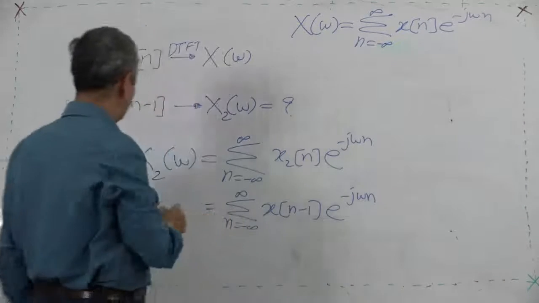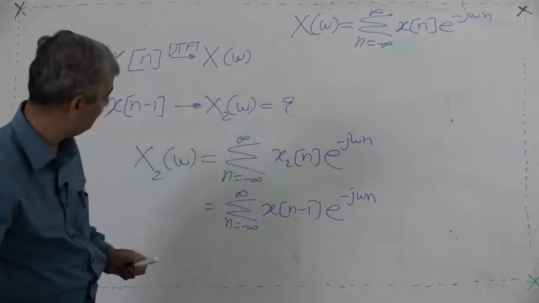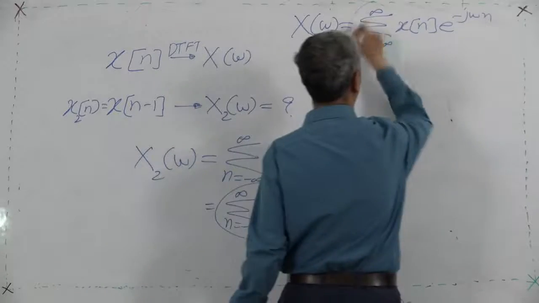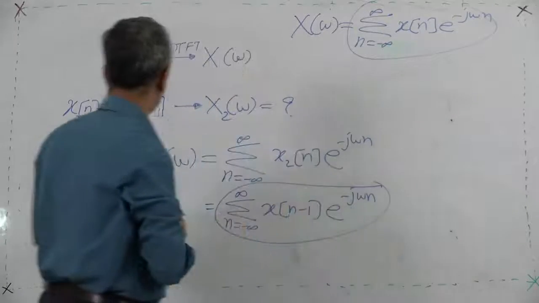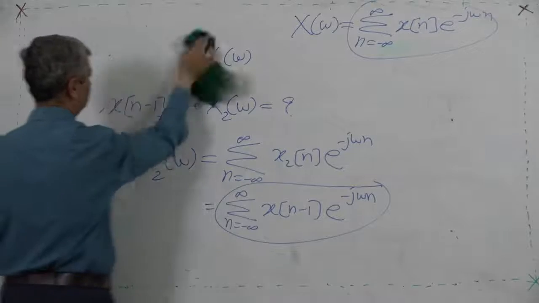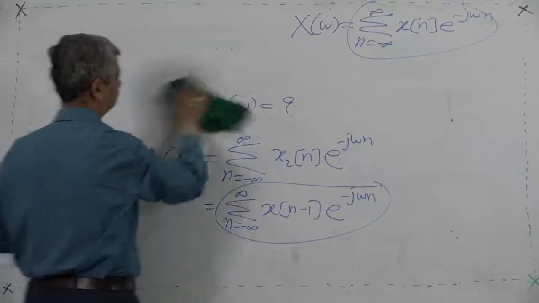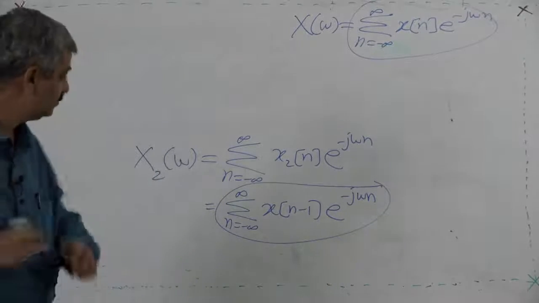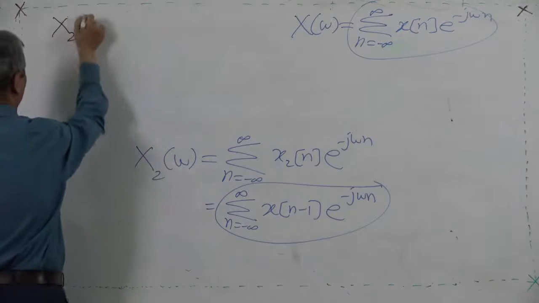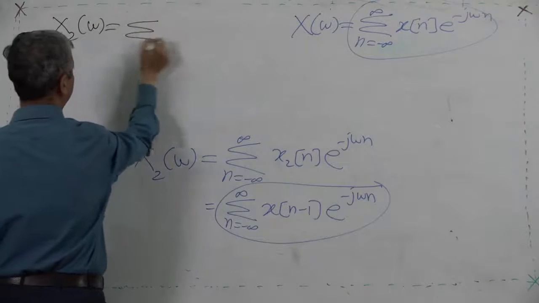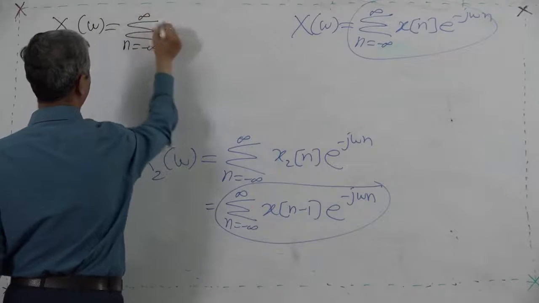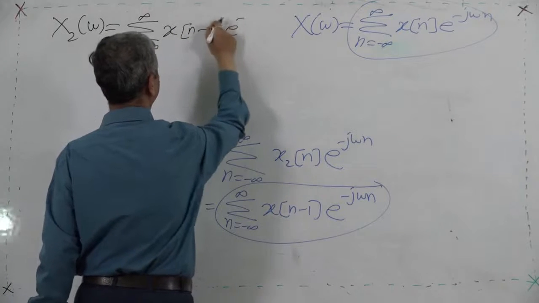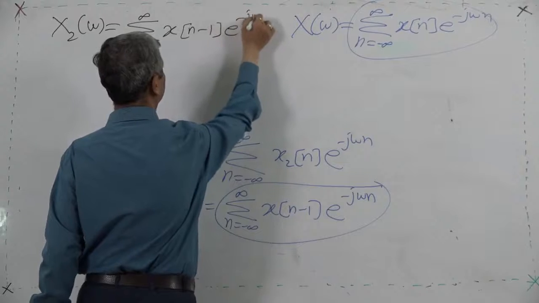Then I want some kind of relationship between this value and this value. How can I establish the relationship? That we do by a simple technique. So I write this: X2(omega) is equal to summation n equal to minus infinity to infinity x[n minus 1] e raised to minus j omega n.